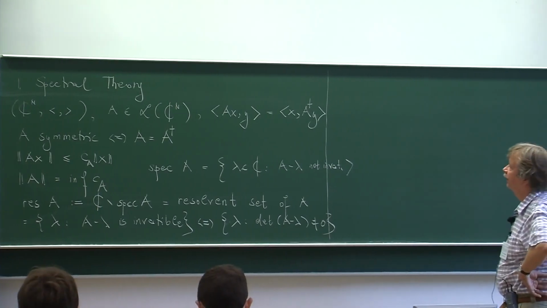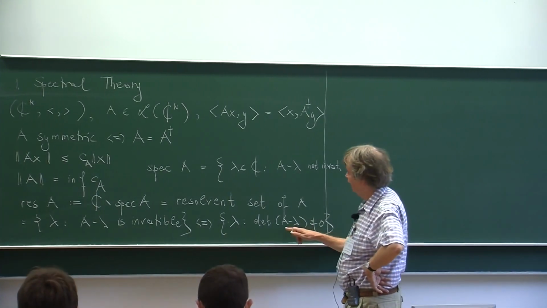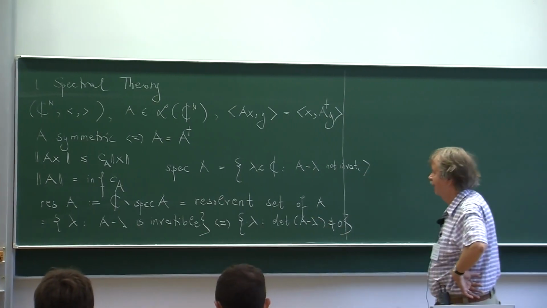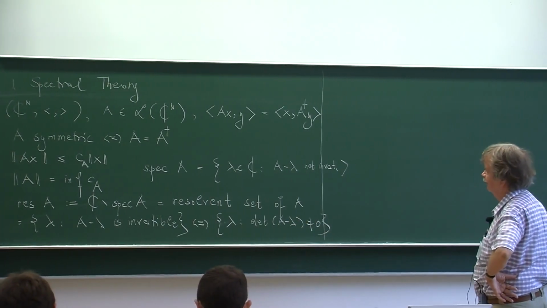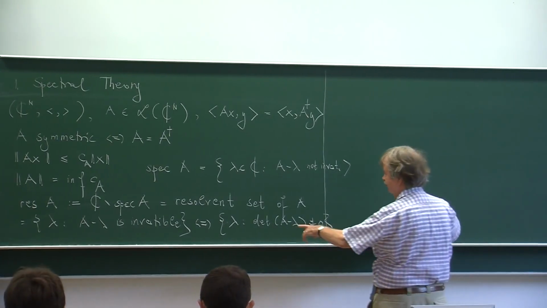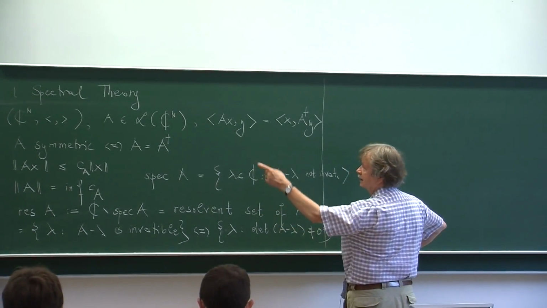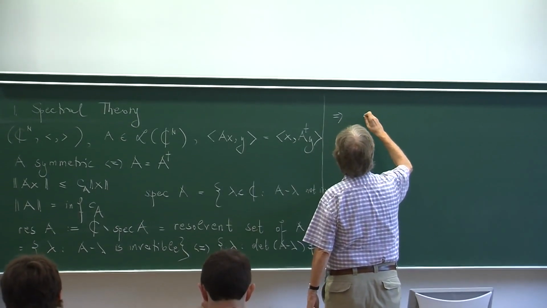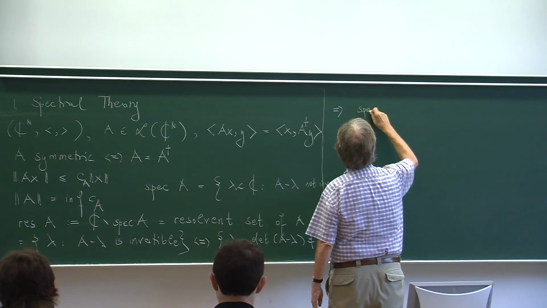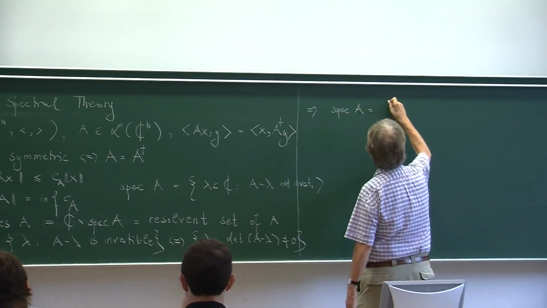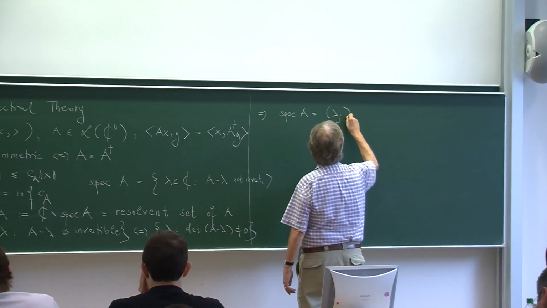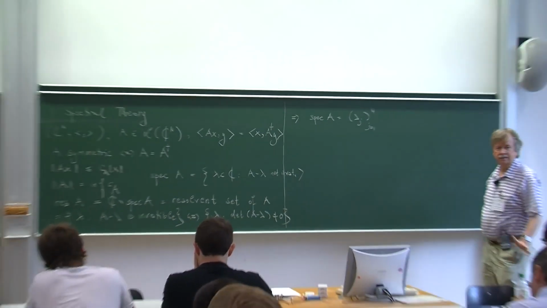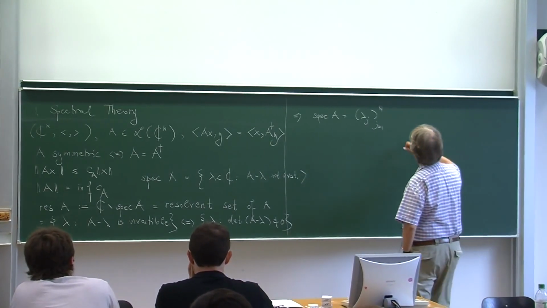So since we are in C, we get as many elements in the spectrum, then called eigenvalues, as the degree of A, and the degree of A is this capital N. So spec A is a sequence lambda_j, where these could coincide. This I don't write here.